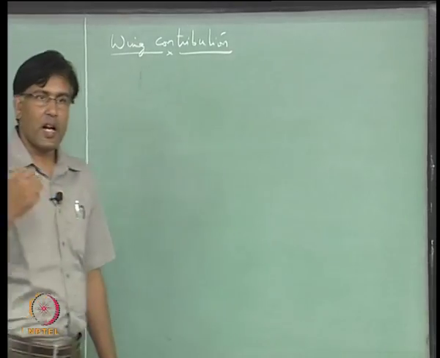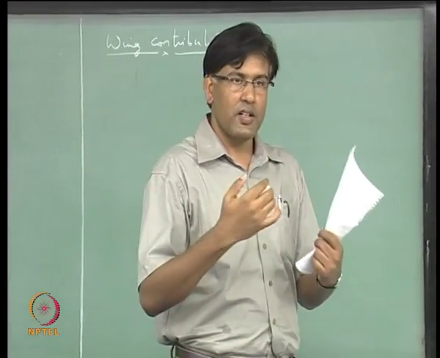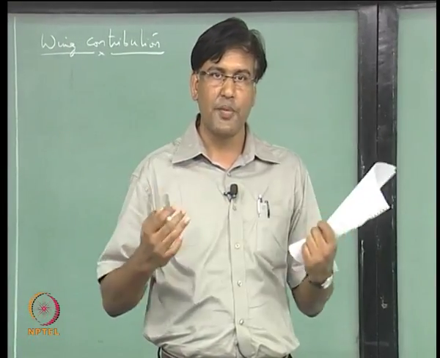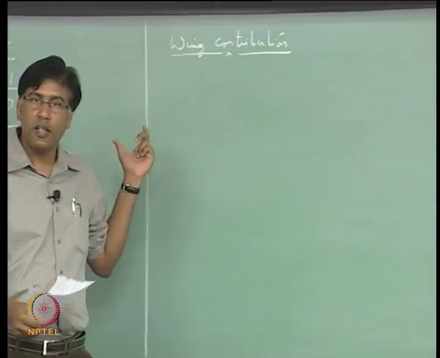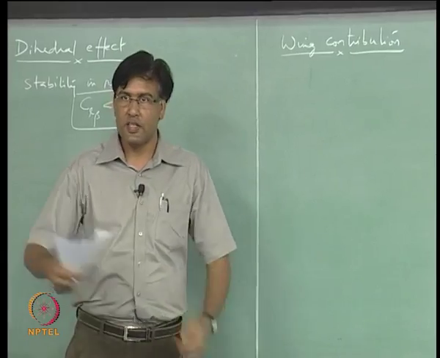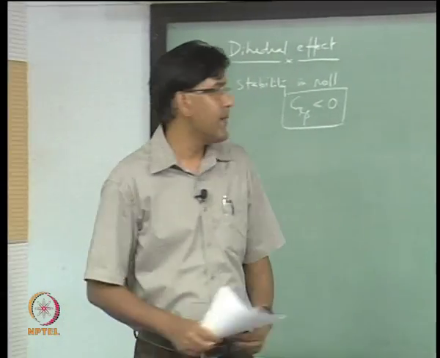So, yesterday we started with looking at one configuration when the wing was swept back. Let us see if that gives me this CL beta which should be less than 0.